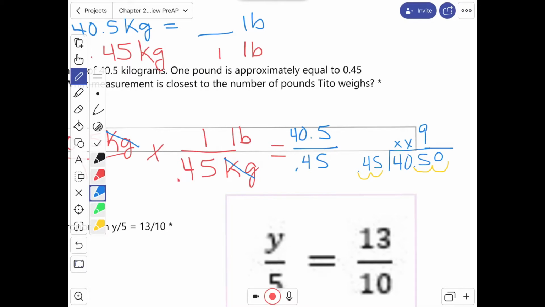Because 9 times 45 is 405. I can't stop there. There's still another 0, so I need to bring that down. 45 goes into 0 times. You've got to have something on top of each one of these numbers. We can't leave any blanks. So Tito is about 90 pounds.